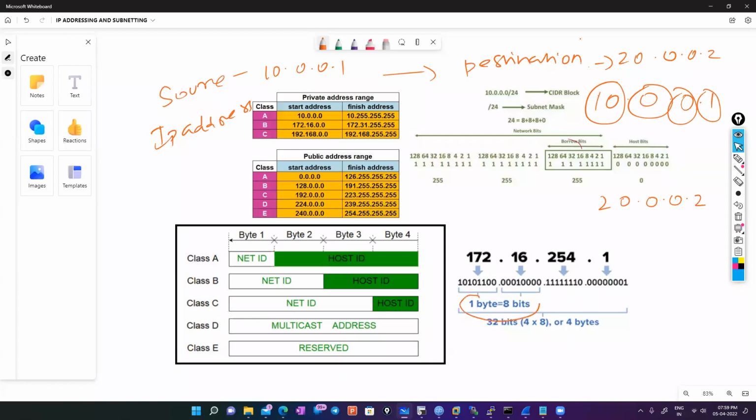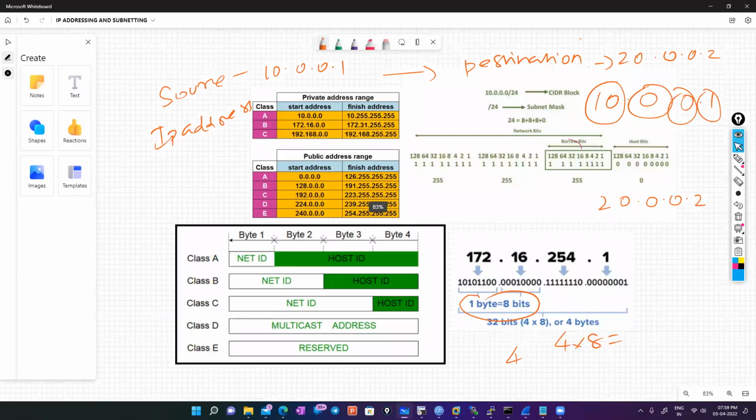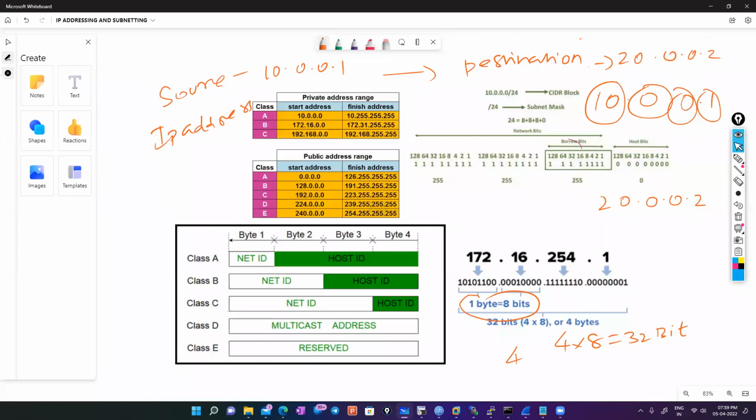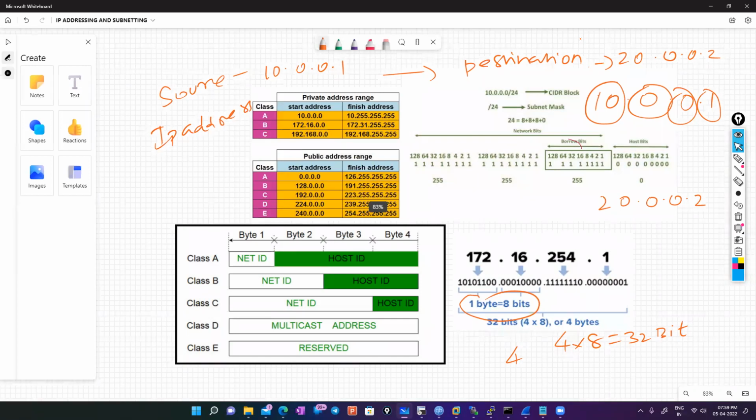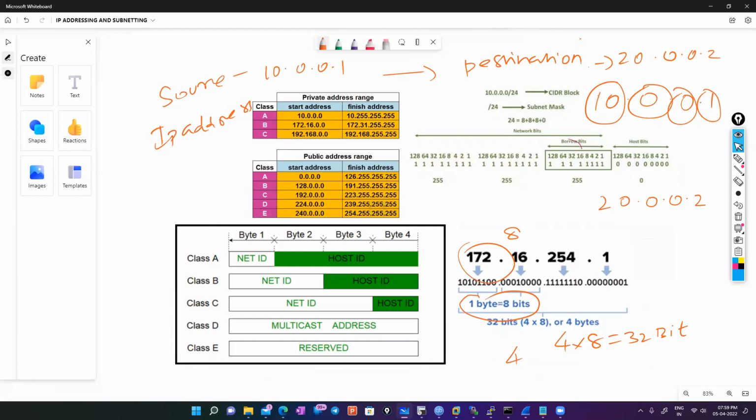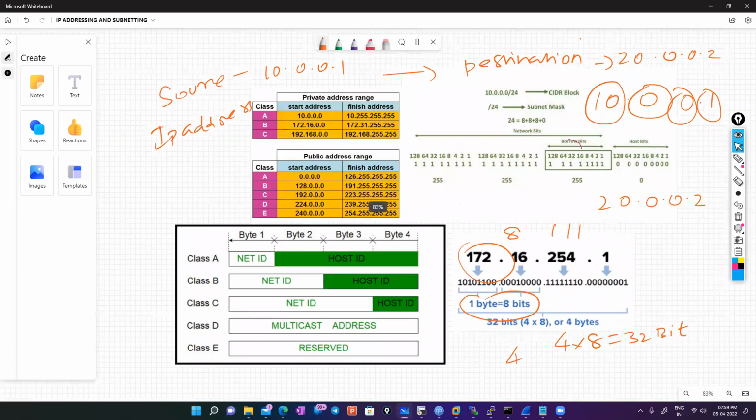Okay, can you see that? So there are 8 bits inside one segment. So it is 4 into 8 equals 32-bit addressing. They call IP addressing a 32-bit addressing. Why? In every octet, an octet being 8, you have 8 bits: 1, 2, 3, 4, 5, 6, 7, 8.